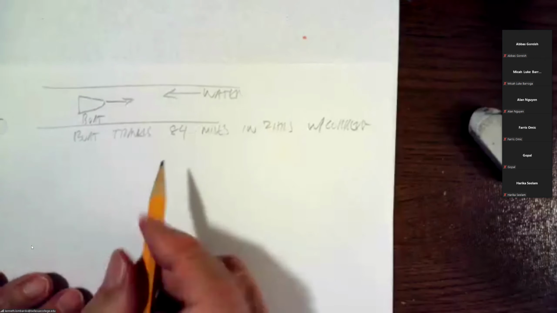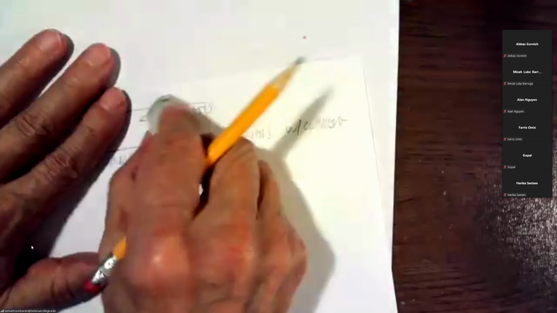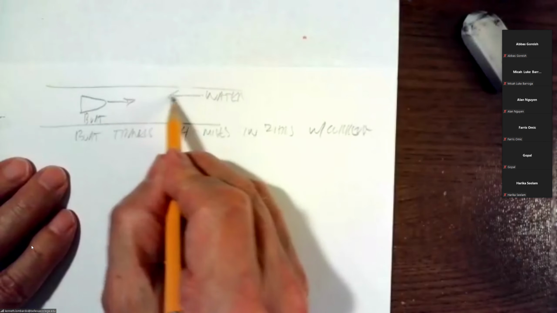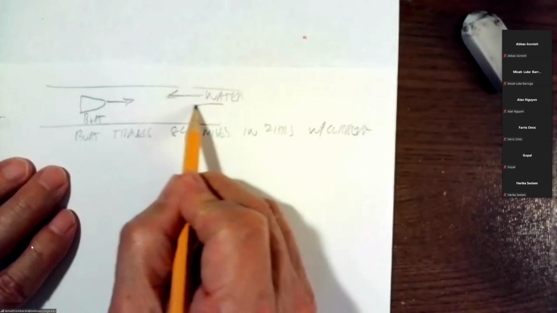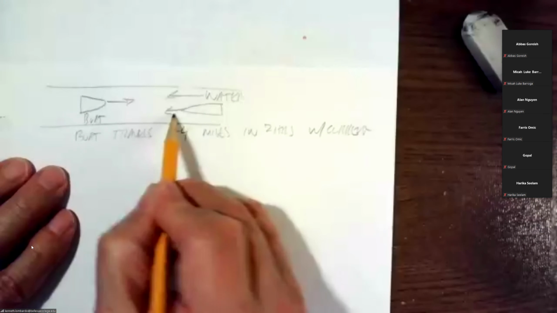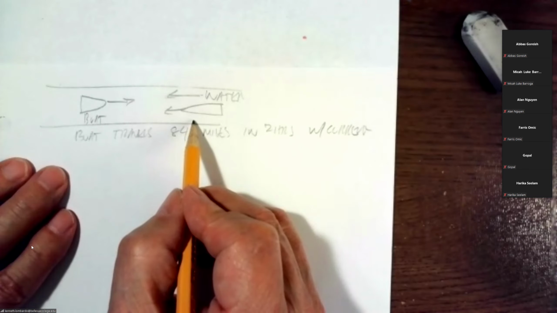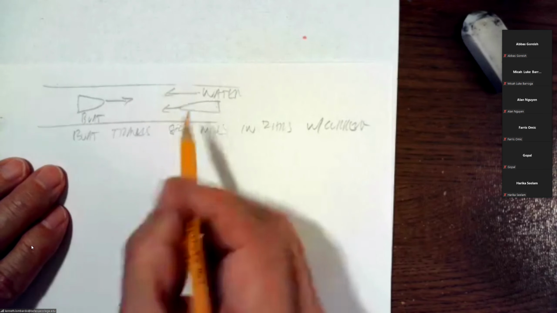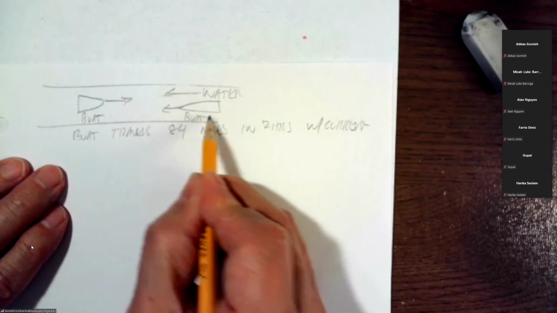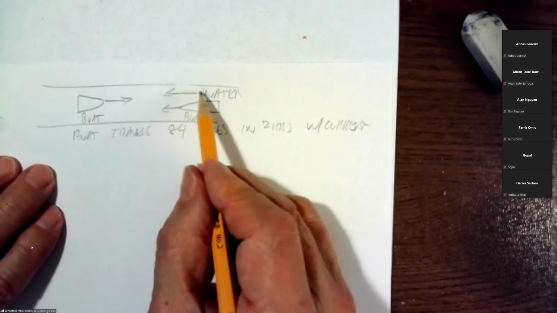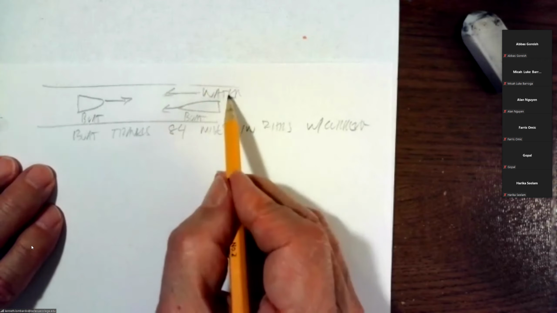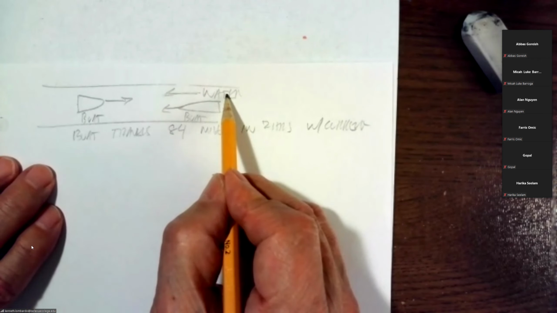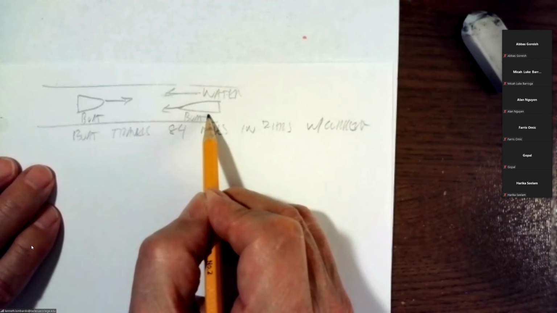So let me set up two situations. Here's the boat. Let's say the water's this way and I have the boat going this way with the current. And then I'm going to give you a situation where the boat's going against the current. And what we want to find out is the rate of the current of the water and the rate of the boat.